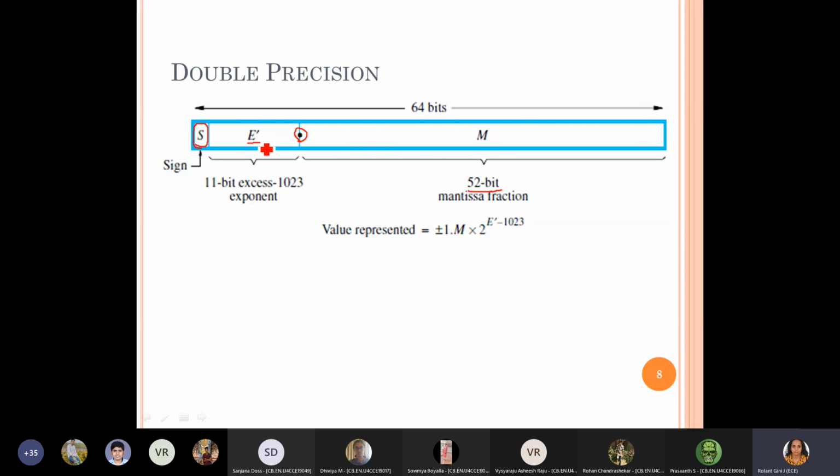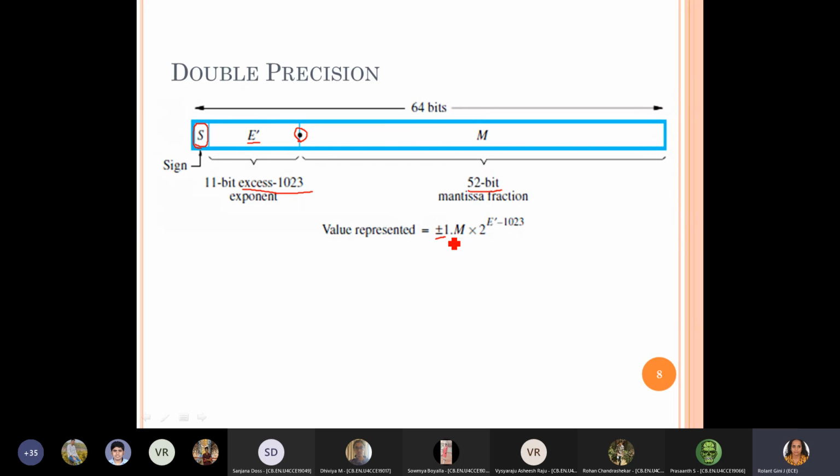With 11 bits you naturally get 2048 combinations, but since it's an excess representation, you get only a 10-bit range. So the range you get will be the excess-1023 exponent representation. Other than the number of bits you use, the remaining things are all the same for all floating point numbers, where you find out whether it's a positive or negative number based on the sign bit.